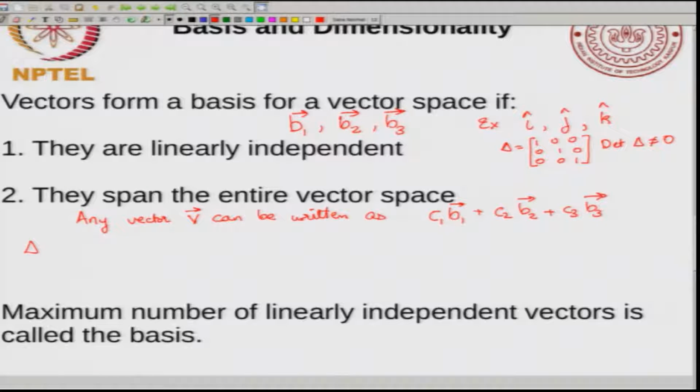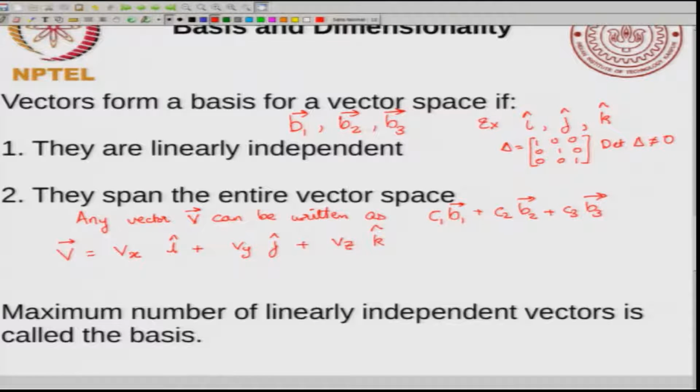So, these are linearly independent and they span the entire vector space, because any vector V you take, I can write it in terms of its components: Vx i plus Vy j plus Vz k. So, this vector is written as a linear combination.